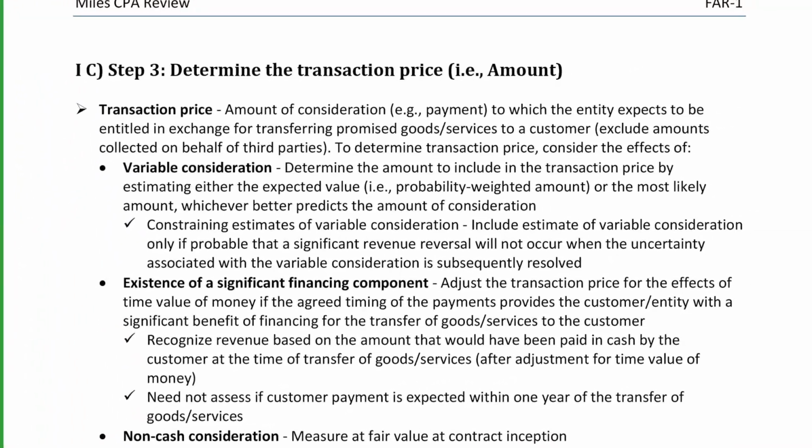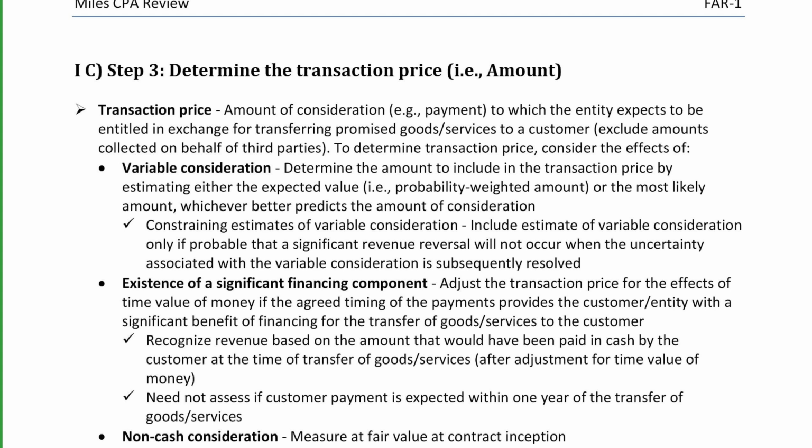Move to page 57, where we've got step 3. Right there, CPA app for revenue recognition and circle A. So step 3 is about determining the transaction price, or put a box around the amount.